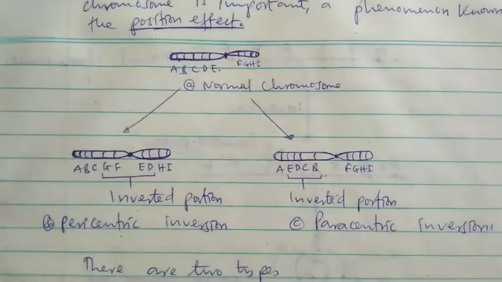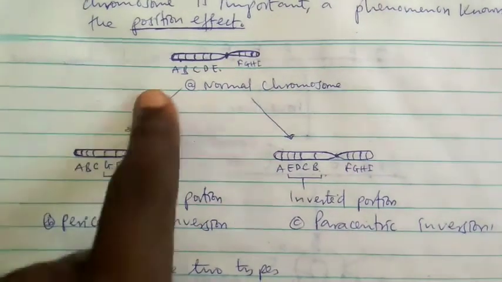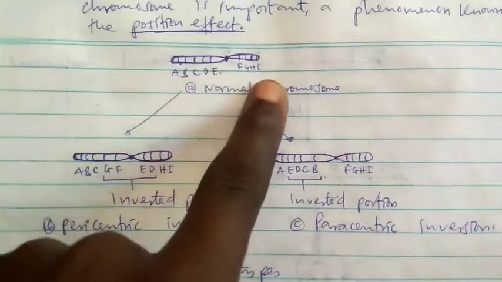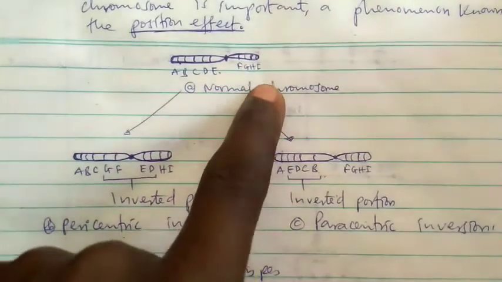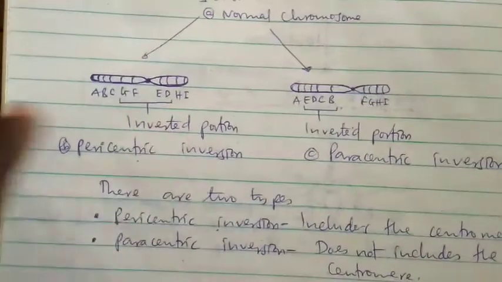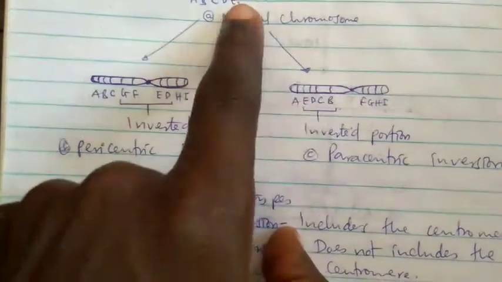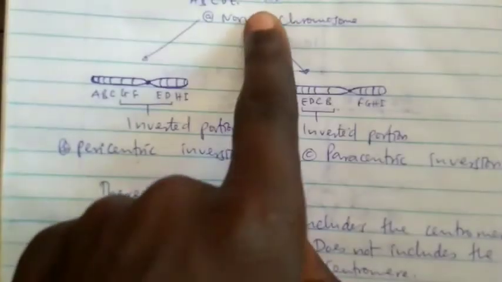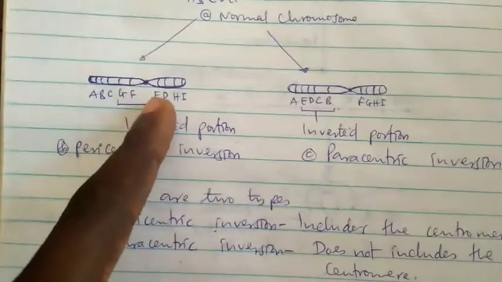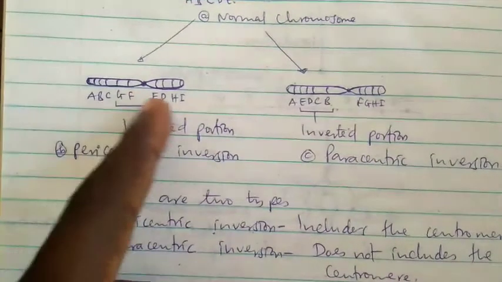So let's say this is the normal chromosome A, B, C, D, E, then F, G, H, I. Tukiundergo inversion hapa katikati, DE inageukia G na F zinageukia kusana kwa GFED, inverted portion ni hapa katikati.